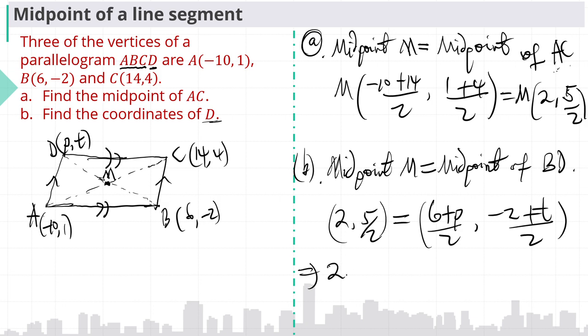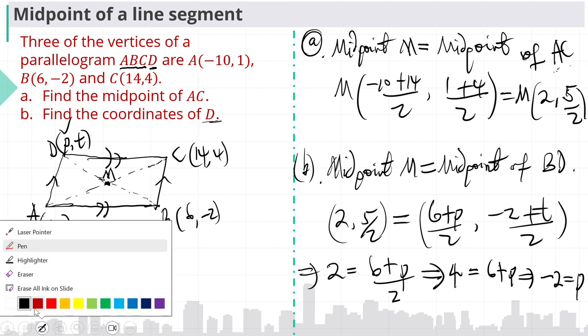So it tells us that the x coordinate on the left hand side, 2, is equal to the x coordinate on the right hand side. It implies that when we multiply both sides by 2, we get 4 equals 6 plus P. And this implies, when we subtract 6 from both sides, we get minus 2 equals P. So we have solved for P. We are left with T to solve for.